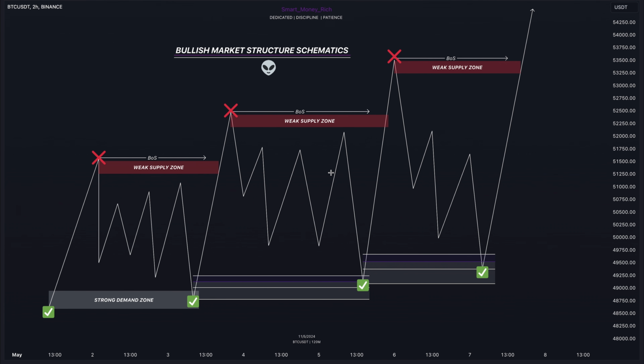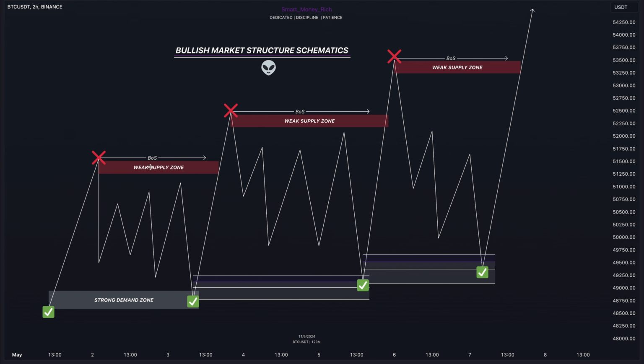So now, this is another bullish schematic. Let's say we have a demand zone and a supply zone. In an uptrend, all supply zones will fade, and all the demand zones will continue to react and hold until supply takes over from demand.